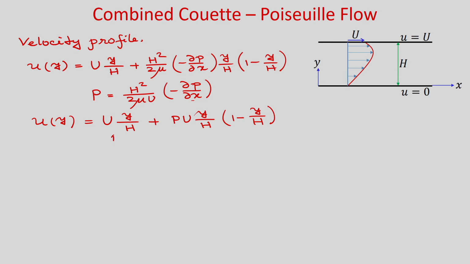So, this is the solution for plane Couette flow, and this is the solution for plane Poiseuille flow.